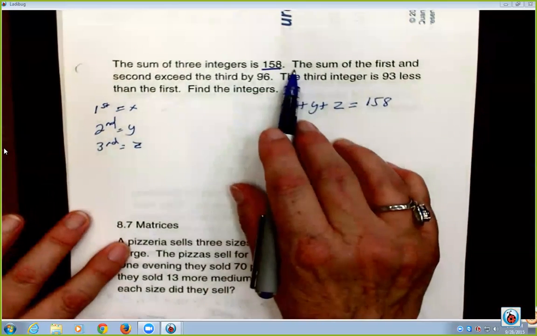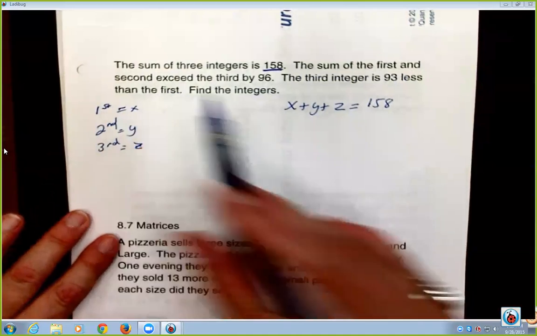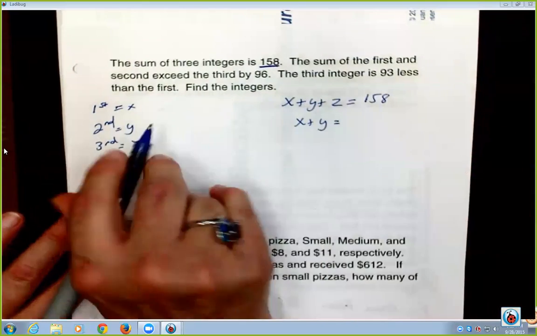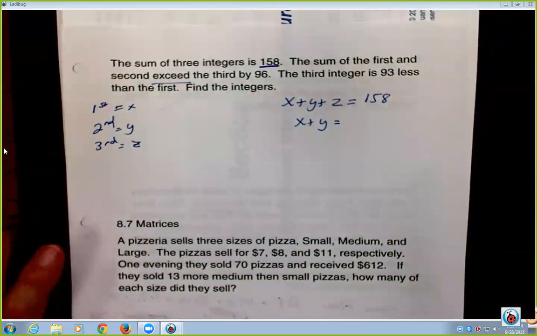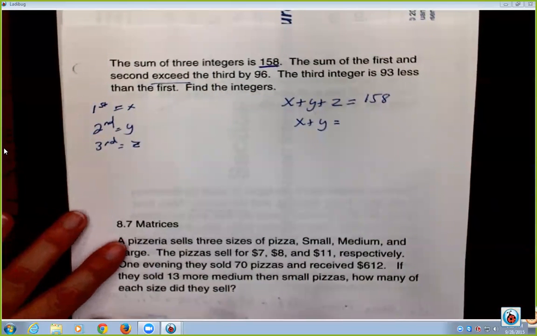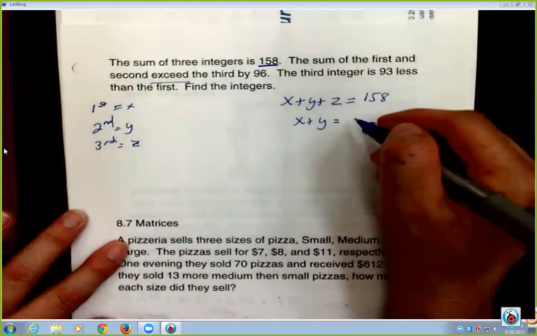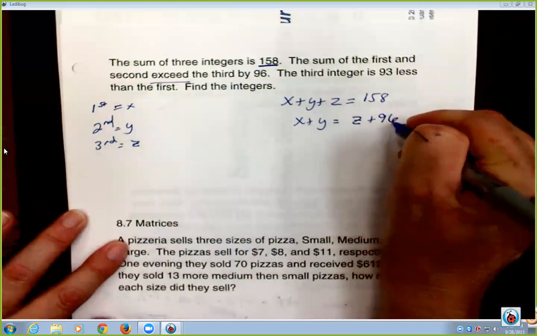Second part, it says the sum of the first and the second exceeds the third by 96. So what does exceeds mean? More. Yeah. So that means z plus 96.